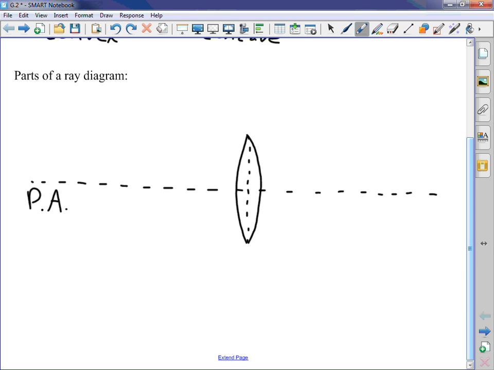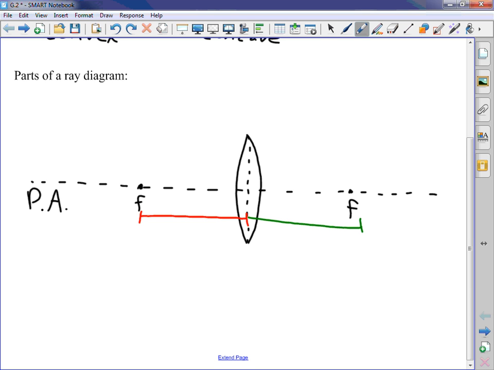That's your principal axis. You have a focal point, and you also have the exact same focal point, equal distance on the other side. So this distance right here should be the same distance over there.